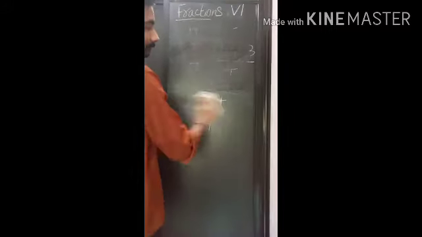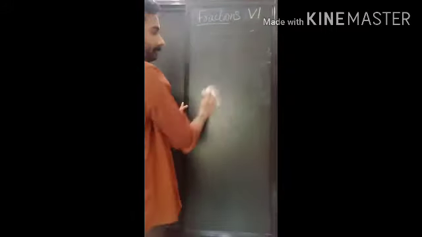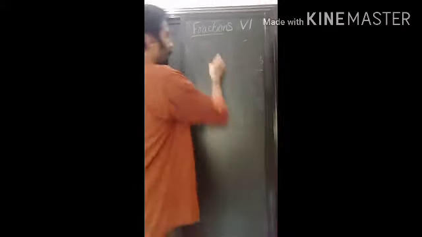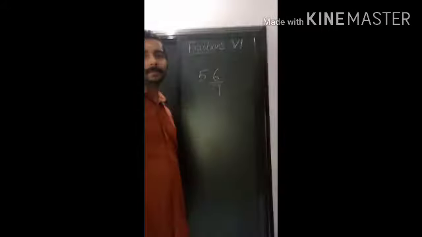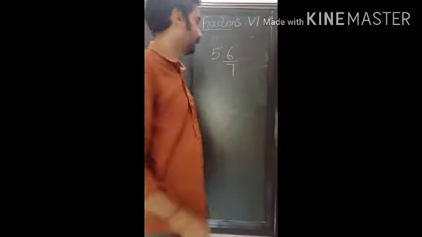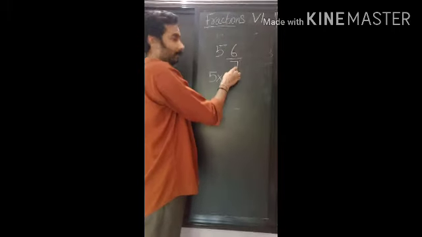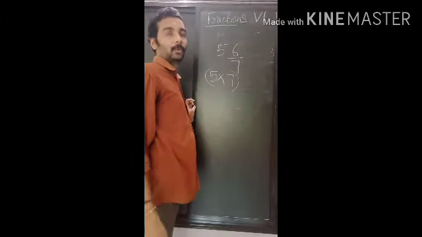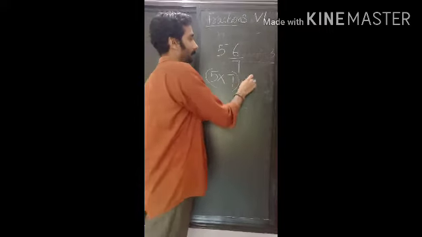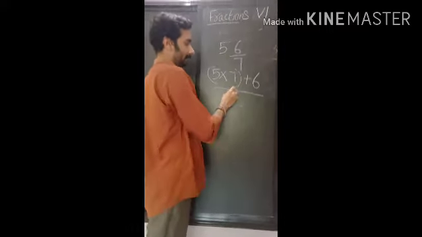Then another example is 5 6 by 7. First we write 5 into 7, plus 6, whole divided by 7.